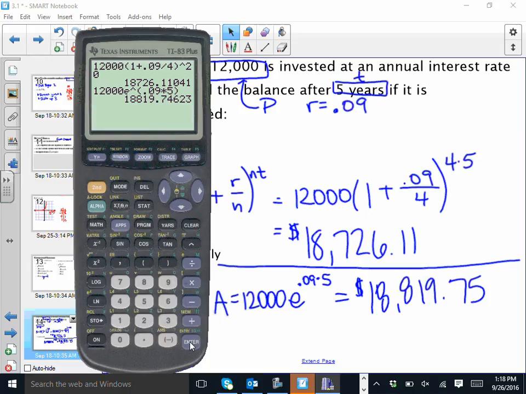If I give you a problem that prompts you to do 2 different things, like n times a year versus continuously, if your continuously is not a higher number, you have done something wrong. Go back and look at your calculator work.